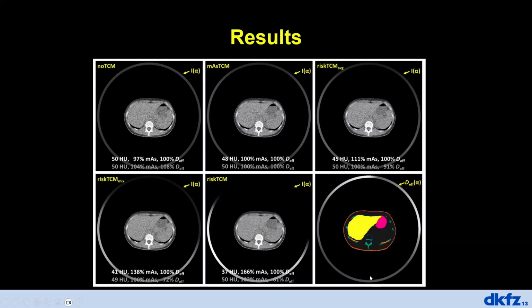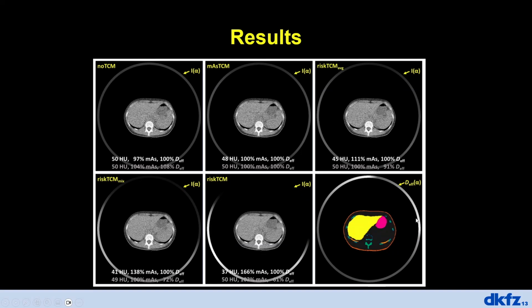Bottom right, we have the organ segmentation, and this ring around the organ segmentation indicates the effective dose as a function of view angle. So these whitish areas here indicate that from this direction, our patient would be exposed to a comparably high effective dose, and the same applies here.